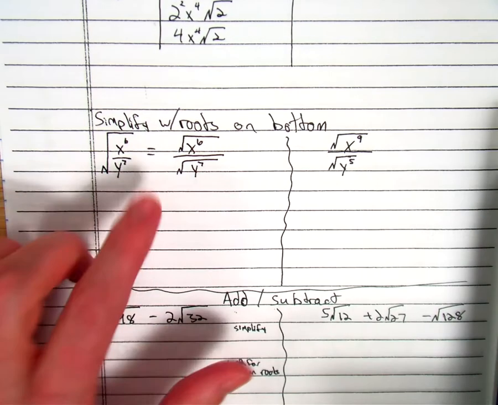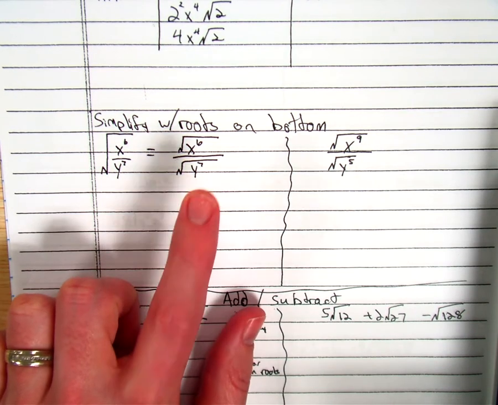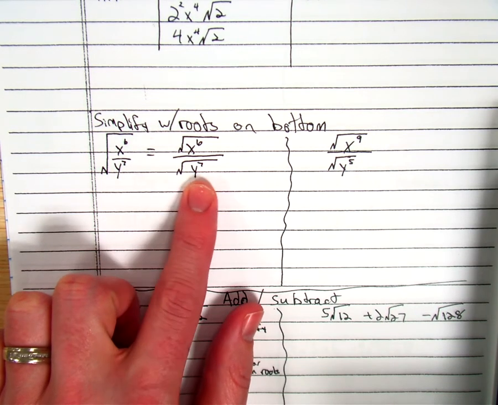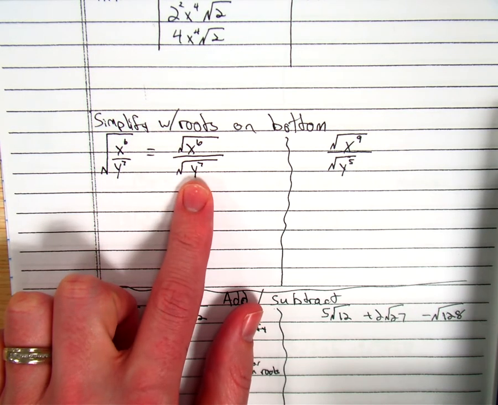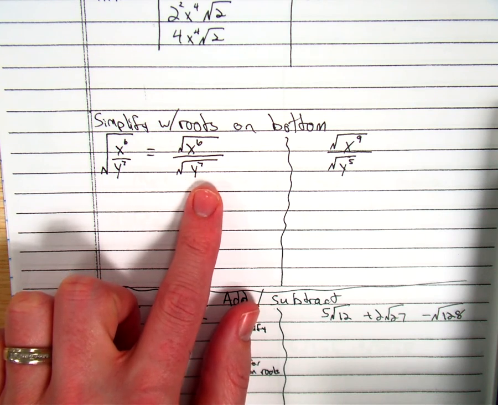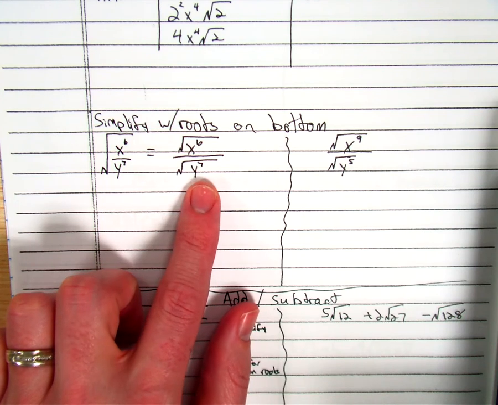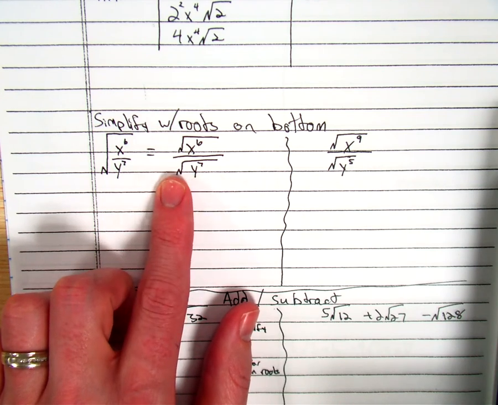Now, it doesn't do me any good to break them up and get y to the 3rd on the outside and have a square root of y down here left, because then I still have that square root on the bottom.